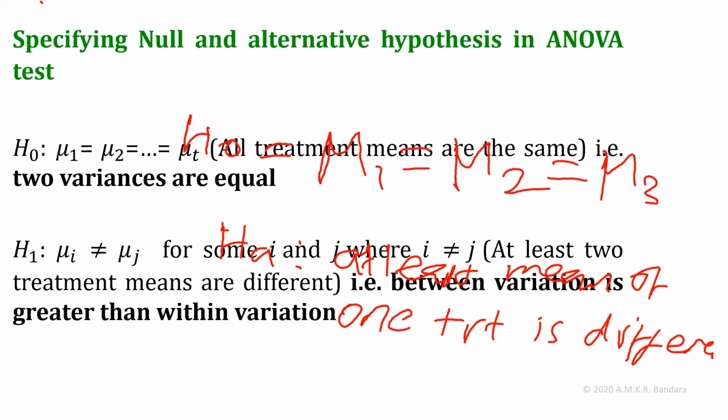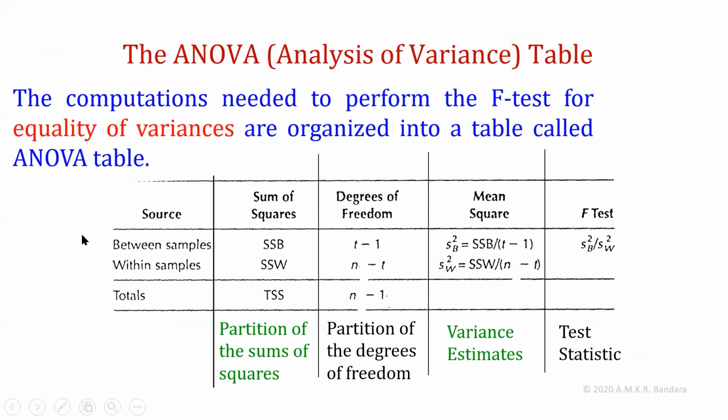So, in order to do this analysis easily, we organize this calculation into a table. We call that table the ANOVA table, analysis of variance table. In the analysis of variance table, we have columns and rows.